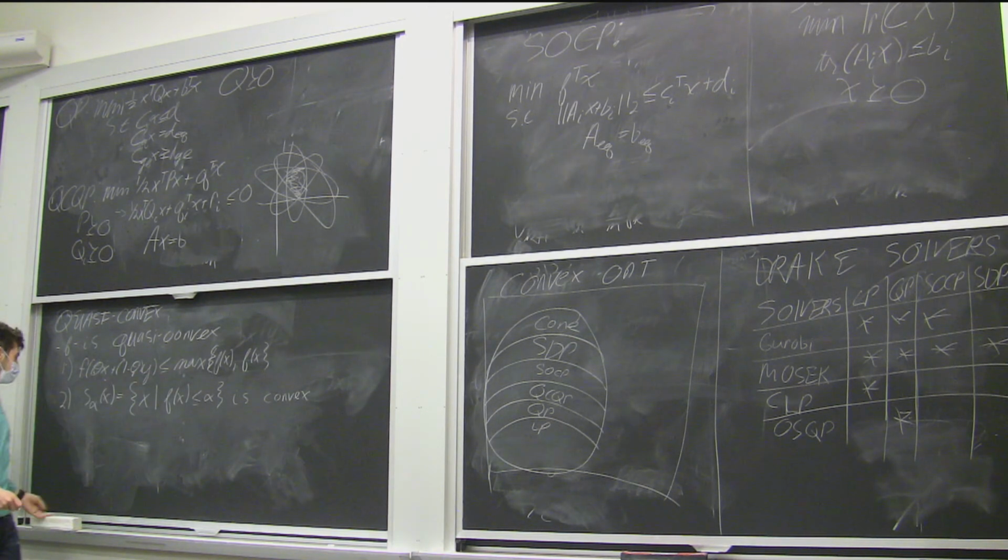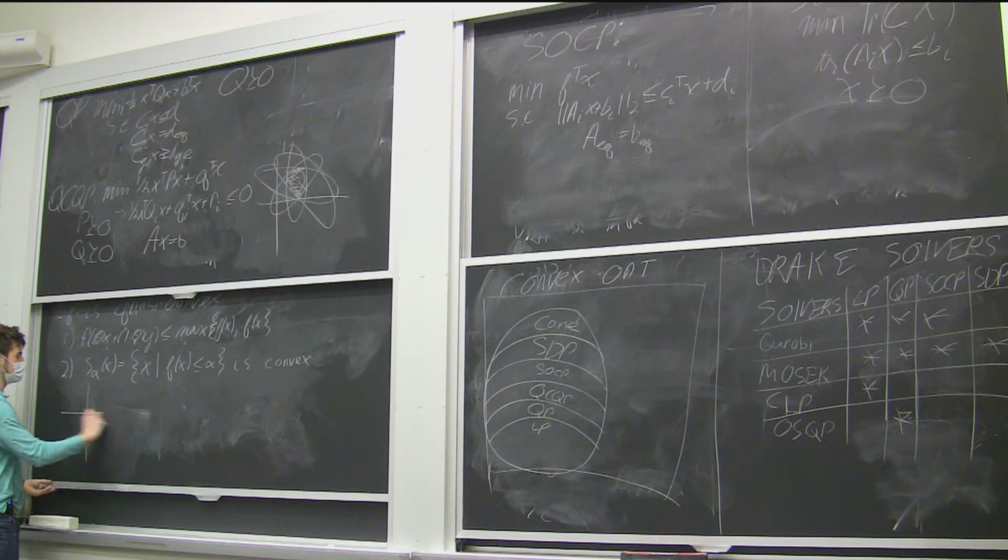I think these are self-explanatory, but basically the idea is that if I pick a point X and a point Y, and I draw the line between them, the point that this evaluates at is going to be less than the max of the two.